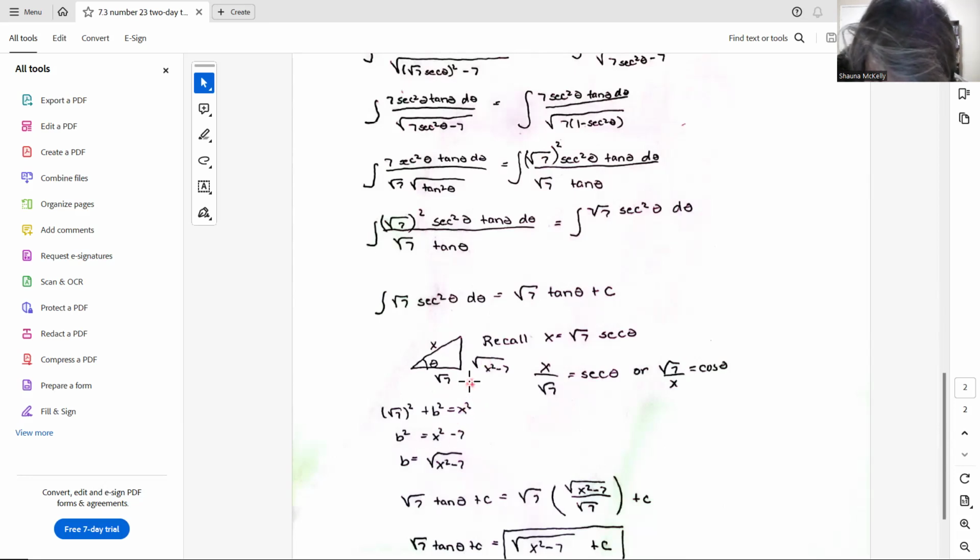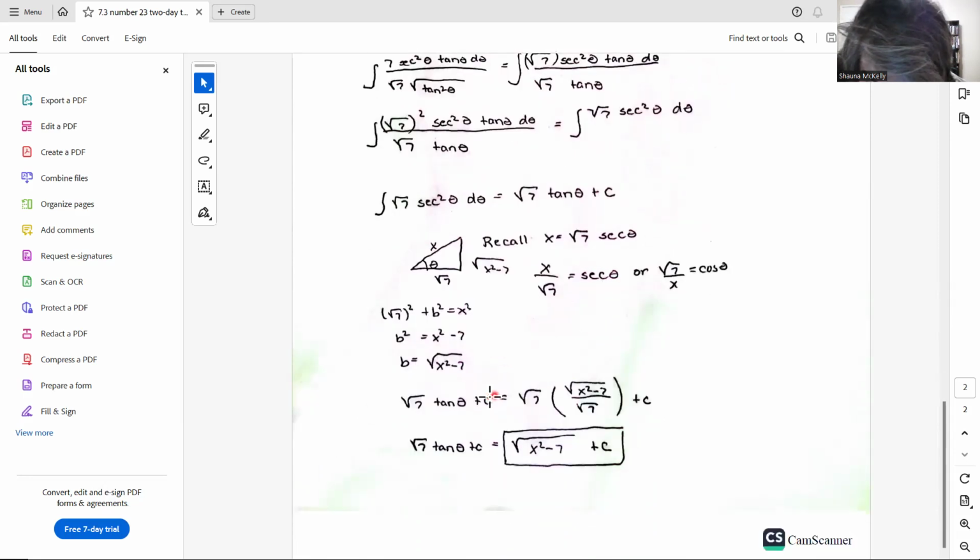And b squared, which is this vertical leg, is x squared minus 7 under the radical. So that's these parts. Now I have to evaluate square root of 7 tangent theta plus a constant.